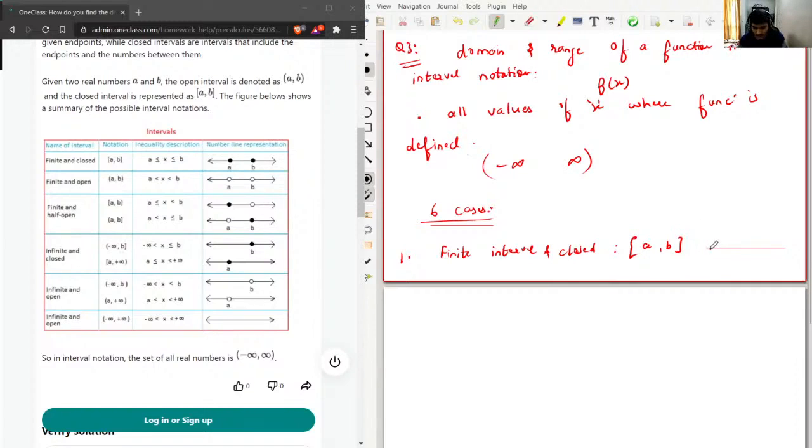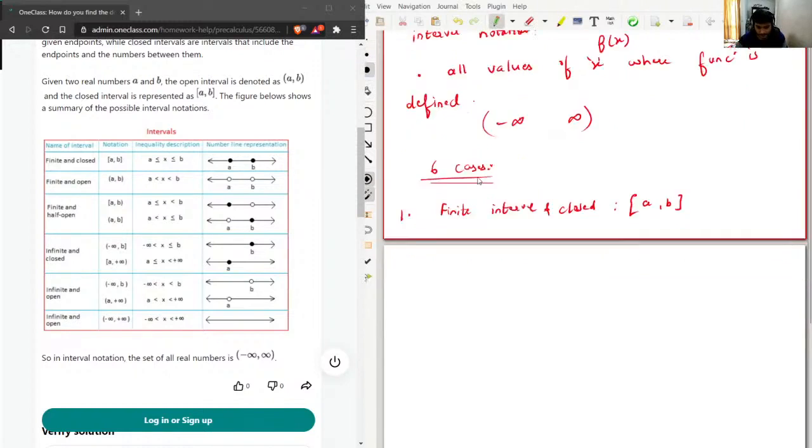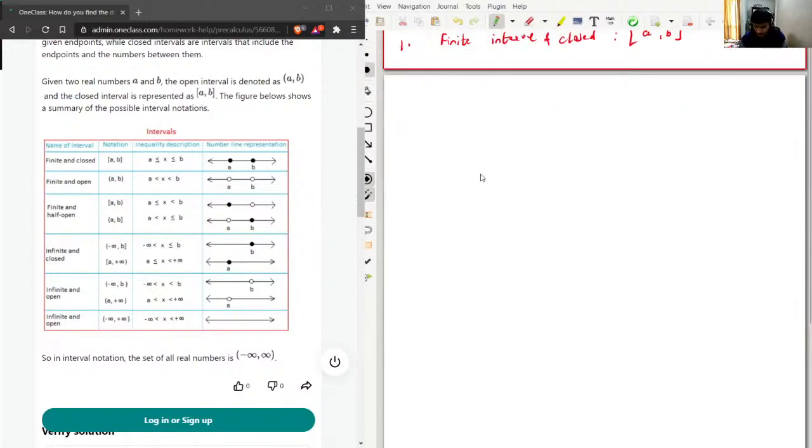So let's say this is the number line. Let's say this is the value a, this one is b, this will go to negative infinity, this will go to positive infinity, and I will use a different color, blue.